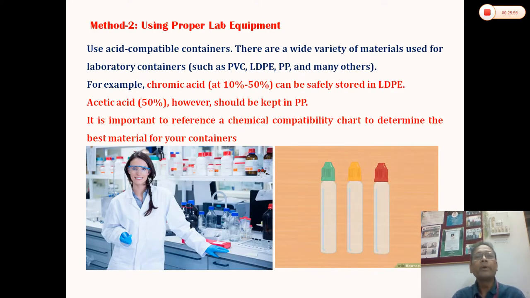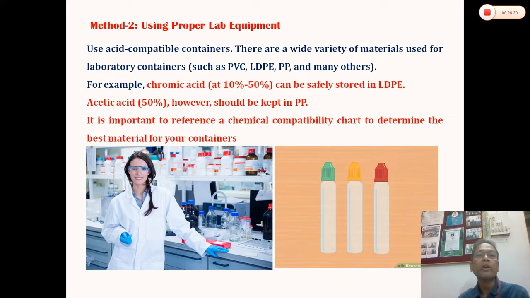Then using proper lab equipment. Here in our lab, different equipment is there. It is used to handle the acid. Use acid compatible containers. There is a wide variety of materials used for laboratory containers, which are made of PVC, low density polyethylene polymer, polypropylene and many others.